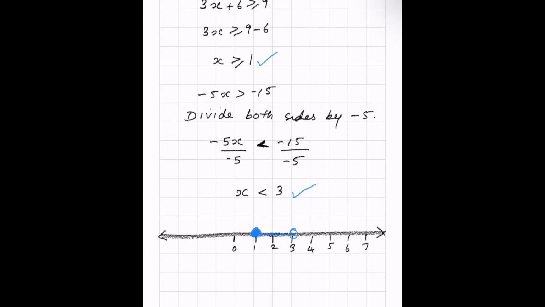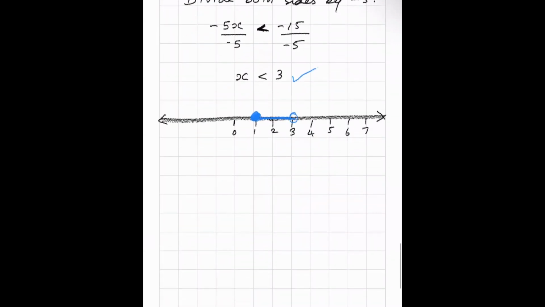So connect it like this. 1 is included, so you have to mark a darkened circle. 3 is not included, so it will be a hollow circle. And all the numbers between 1 and 3 are included in the solution set because x belongs to real numbers.